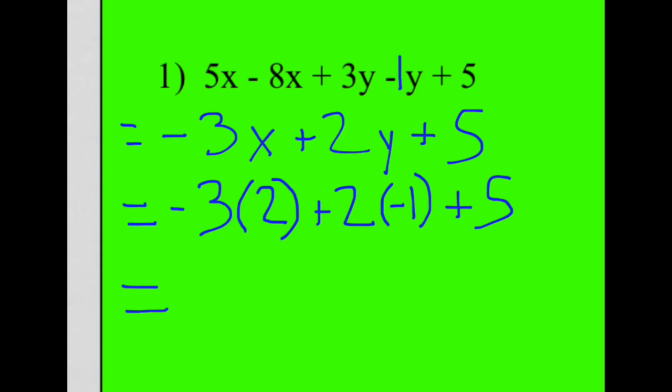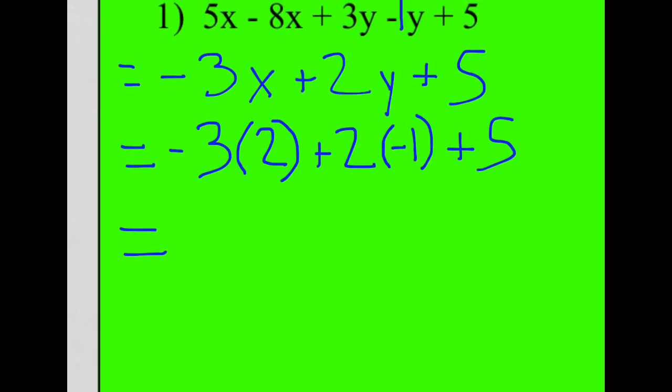Okay, following order of operations, I have to do my multiplications first. Negative 3 times negative 2 is positive 6. This is why we spent so much time on integers, because this algebra we're doing is essentially knowing your integers. Okay, plus positive 2 times -1 is -2.